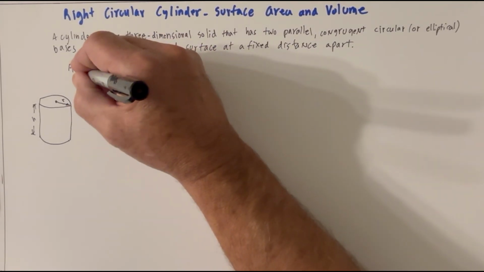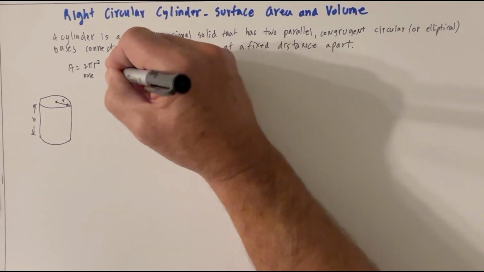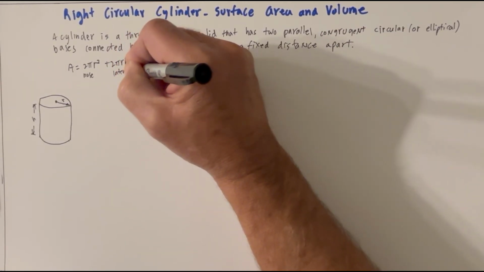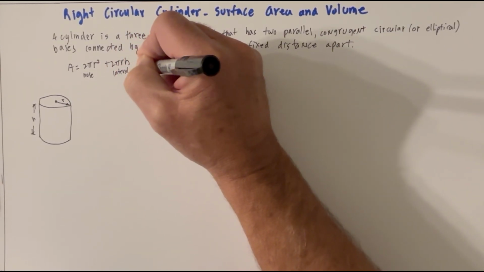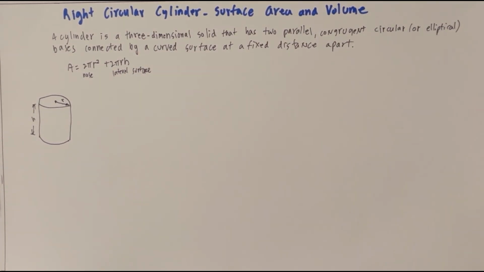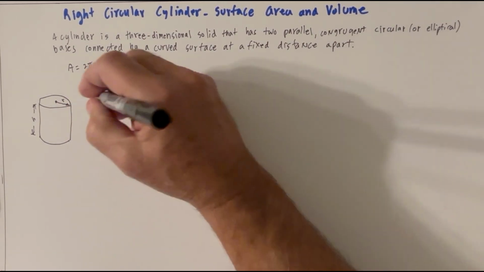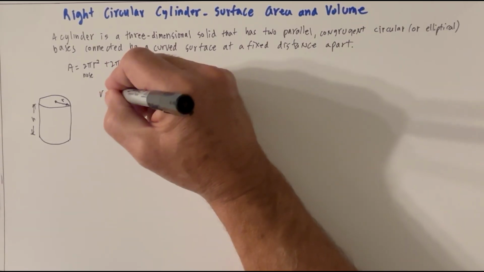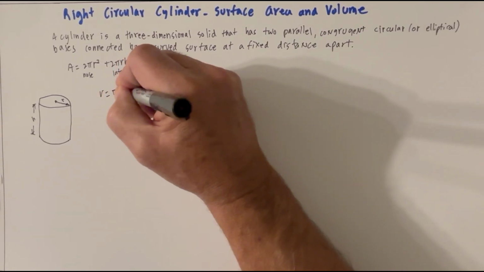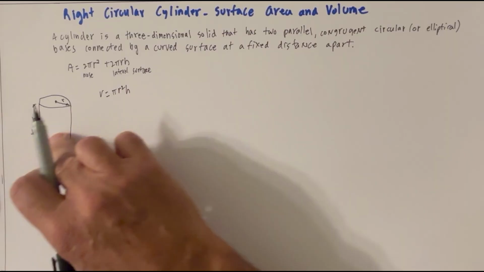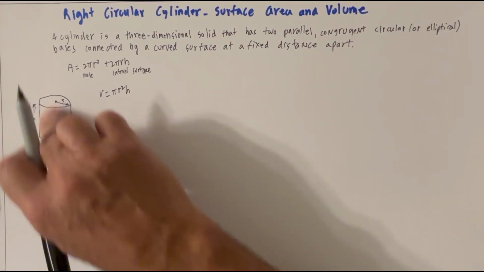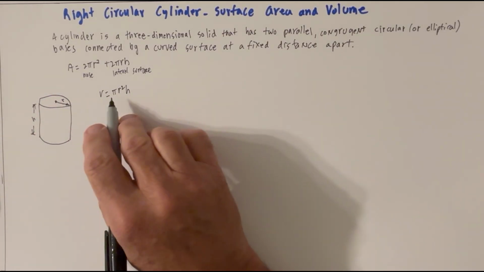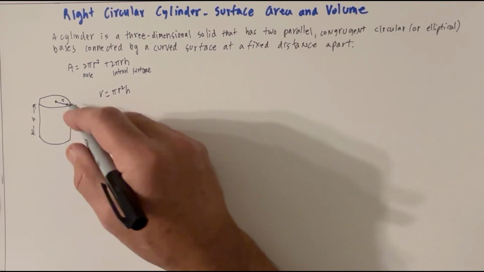So this is the base, and then the lateral surface. So there's our surface area. Now the volume is just going to be pi r squared H. So that's going to be how much, if you filled that with liquid, how much would be in there, where that's your R and that's your H.